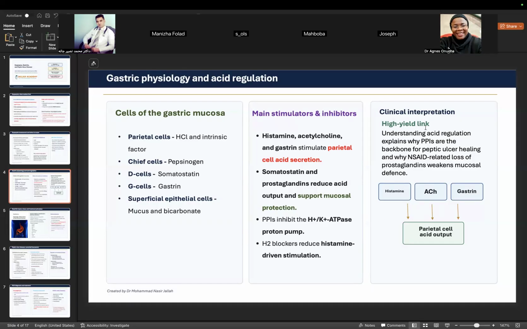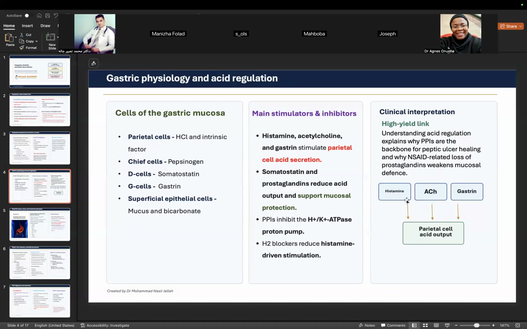In the clinical interpretation, the high yield link: understand acid regulation, explain why the PPI is the backbone of peptic ulcer healing, and why the non-steroid anti-inflammatory drug, by loss of the prostaglandin, weakens the mucosal defense. In the licensing exam, if they want to test you about these cells and the hormones or the chemicals that make things worse or better, one of these would be in the licensing exam.